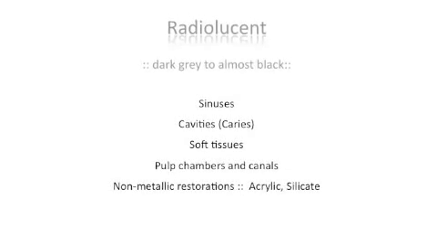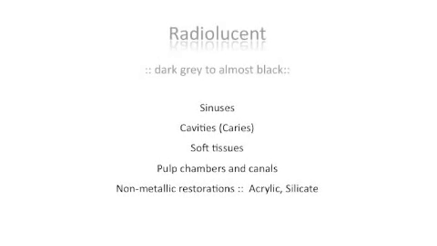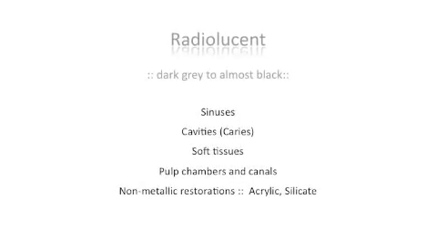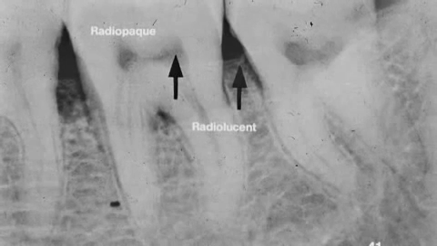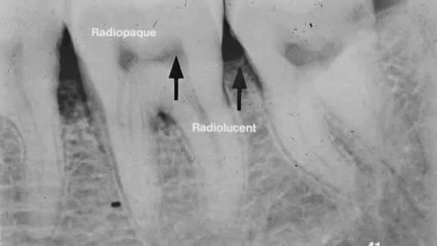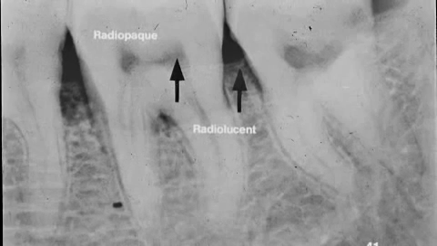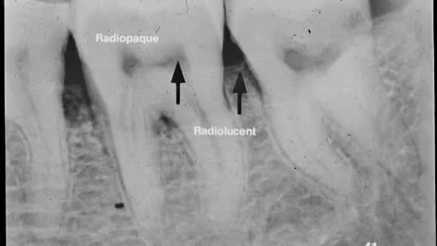They include sinuses, cavities or caries, soft tissues, pulp chambers and canals, non-metal restorations such as acrylic and silicate. Radiolucent structures, remember, are gray or dark. Radiopaque structures are light gray to white.